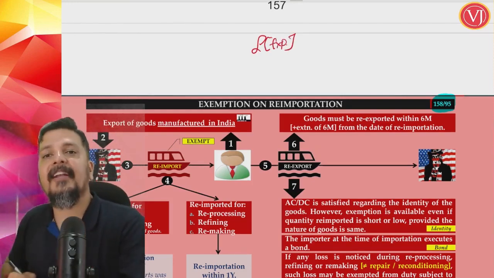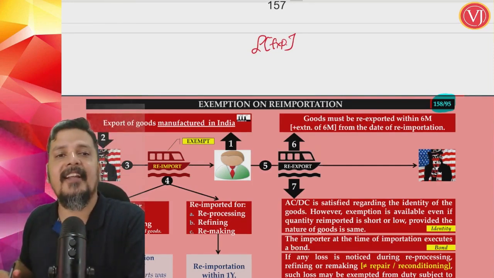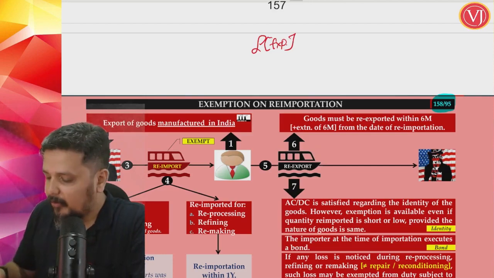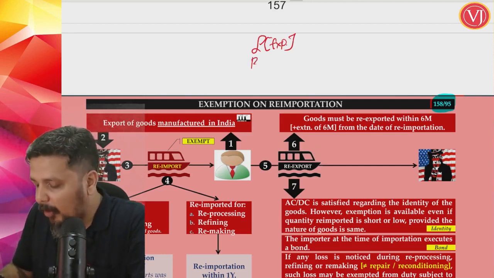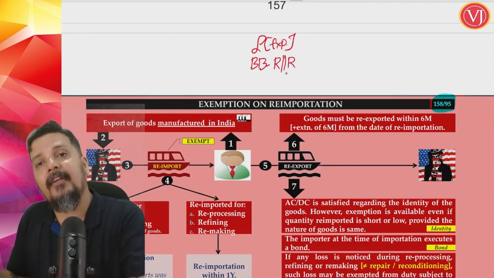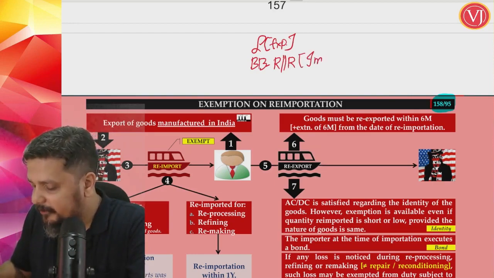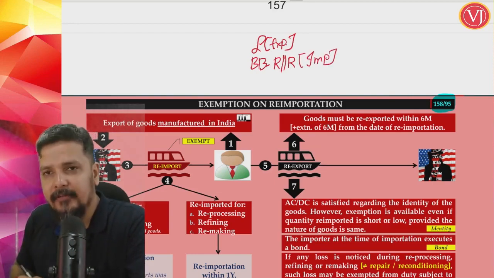The customer outside India said that there is a problem with the product. So the goods are brought back to India for repairs or remanufacturing. Here, repairs are allowed, even remanufacturing is allowed. So now it is re-imported.